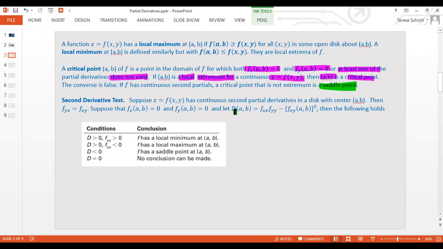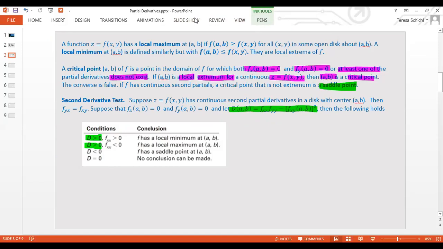So for the second derivative test, here is our test. The test value is f of xx times f of yy minus f of xy at (a, b), squared. So we say that D is greater than 0.